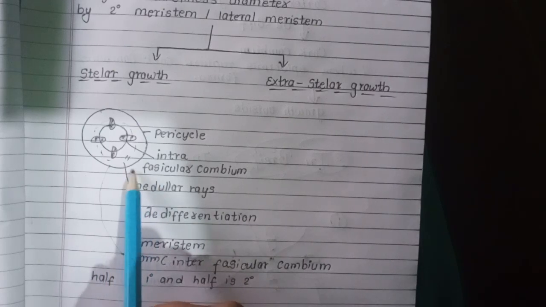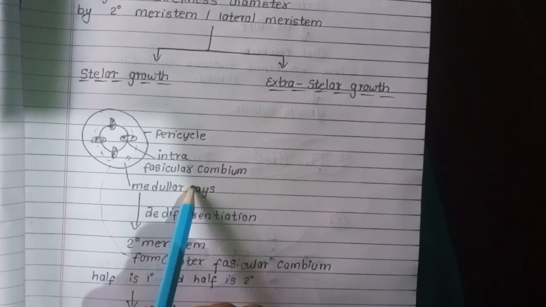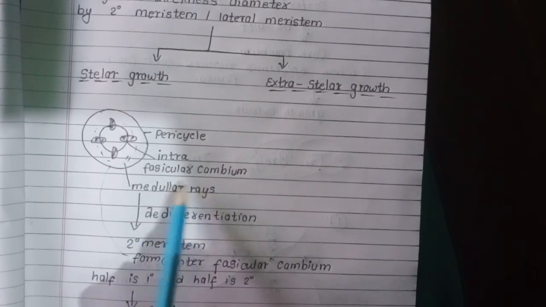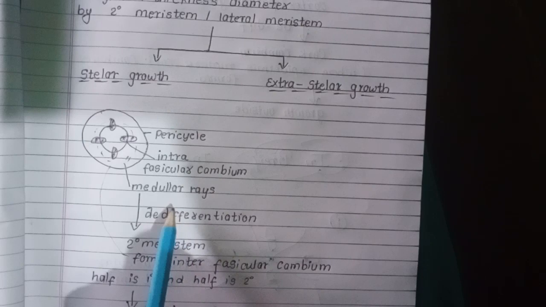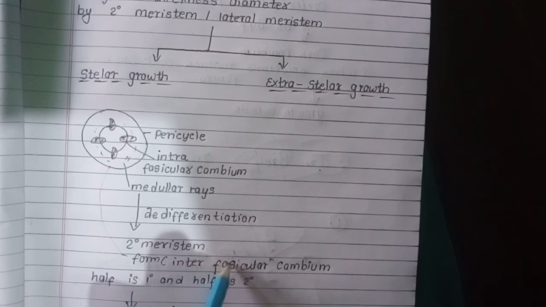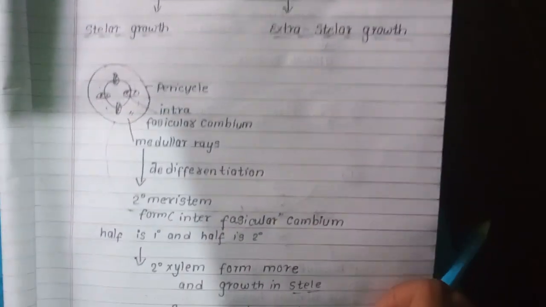Here we already have interfascicular cambium in the dicot stem or root and intrafascicular cambium, and we also have the medullary rays. When the medullary rays undergo de-differentiation, they form secondary meristem, and then the secondary meristem forms the vascular cambium, which is half primary and half secondary.